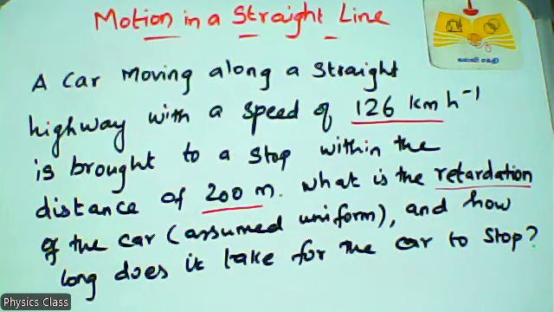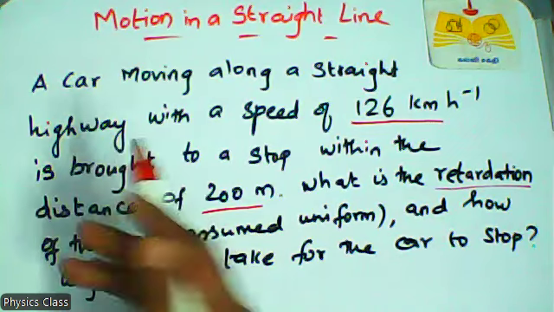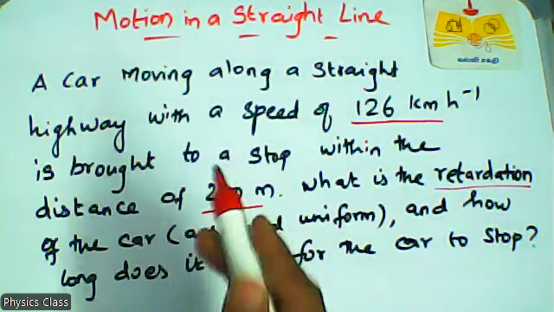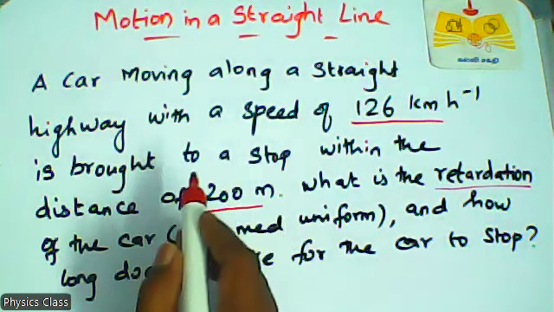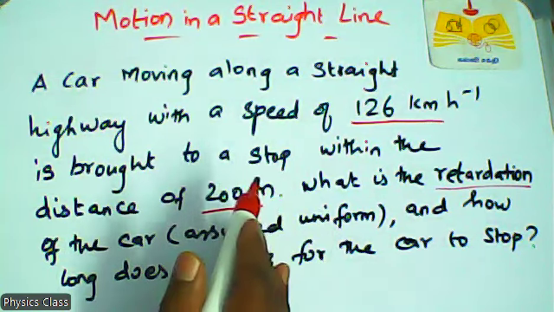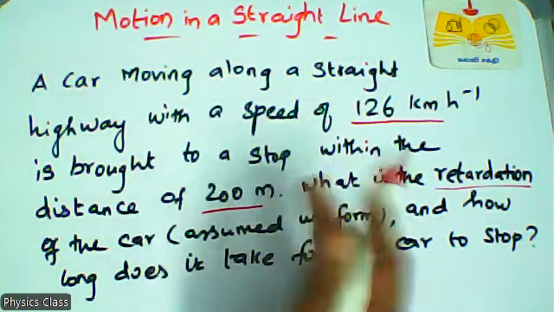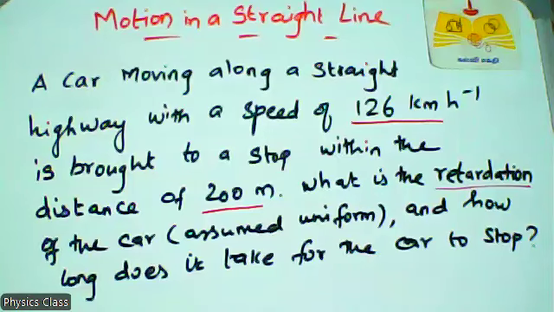Once you apply the brake, it will come with negative acceleration, which means the speed will slowly decrease. So that's why we call it retardation, negative acceleration, retardation of the car.